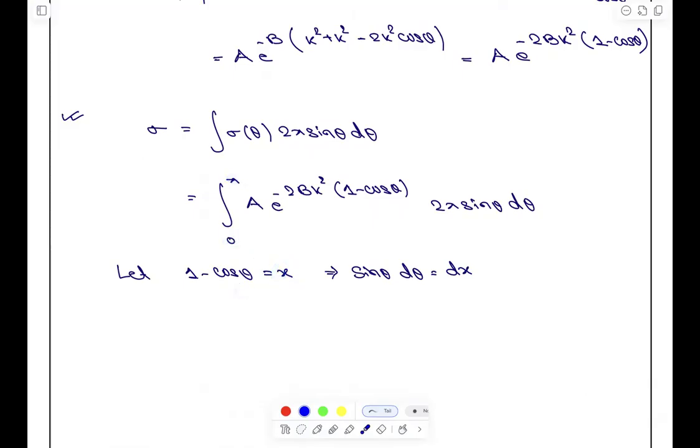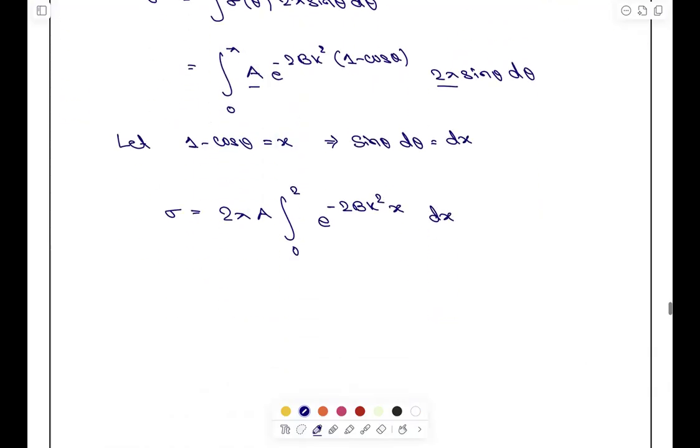Why 2? Because at pi, cos theta becomes minus 1, and 1 minus minus 1 is 2. So we can write sigma as 2 pi a, which is constant, so we can take it out of the integration, integral from 0 to 2 of e to the power minus 2bk square x, and sine theta d theta becomes dx.